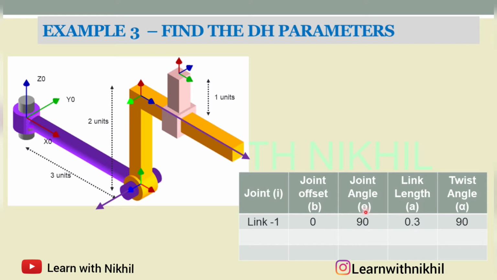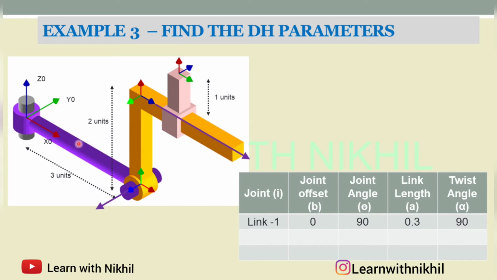Next we have the joint angle, denoted by theta. Now assume that the x-axis is not aligned with the link. It is somewhere here or somewhere here. We always have to align the x-axis along the link.